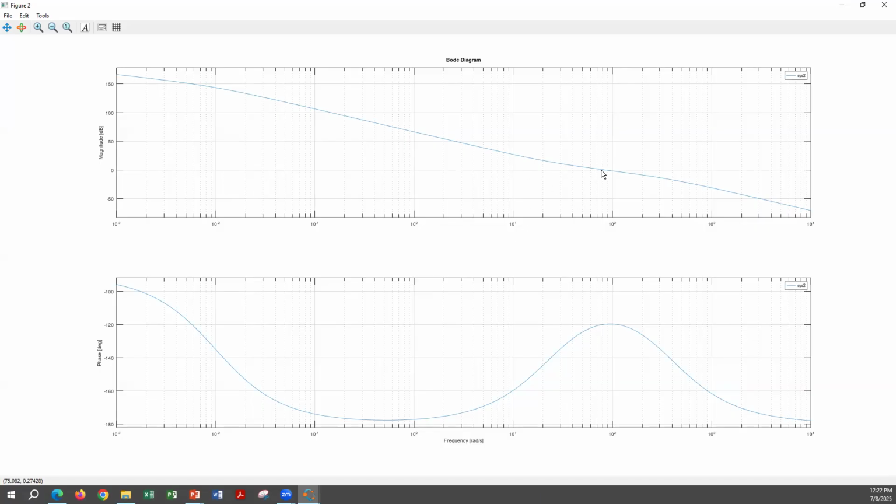The crossover frequency is around 77, 79 or 80 or something like that. Right here, the phase is approximately negative 120, negative 119.5.